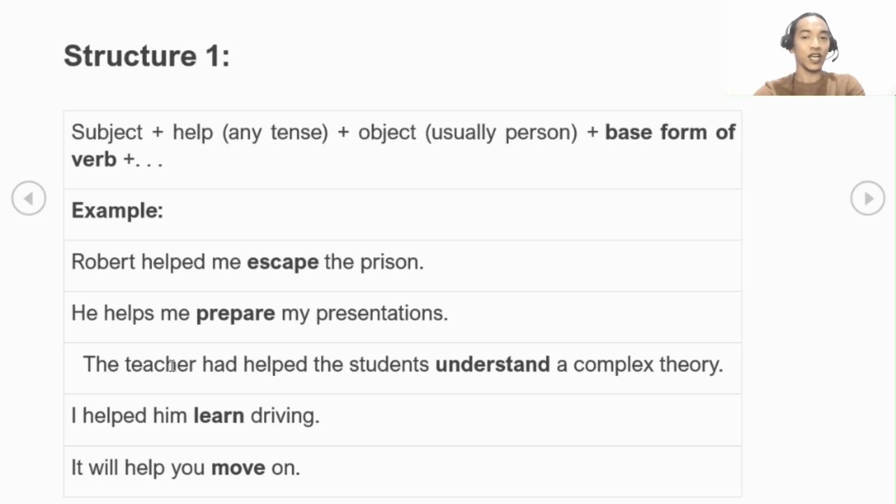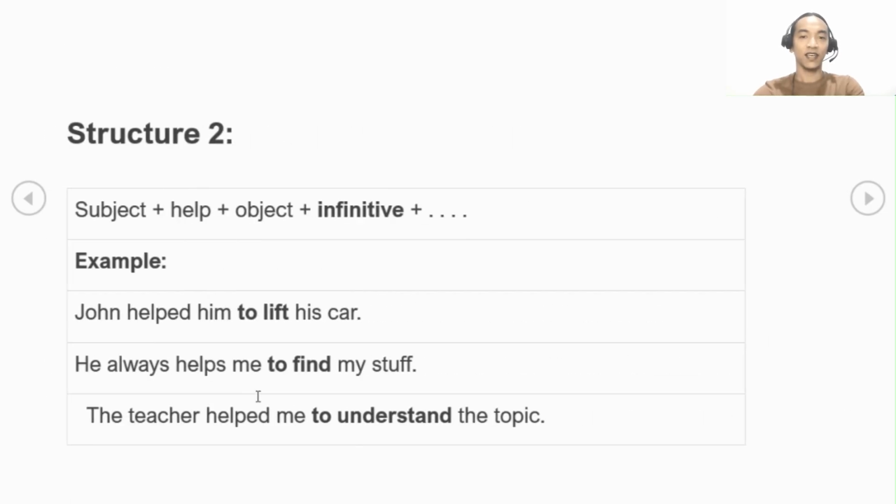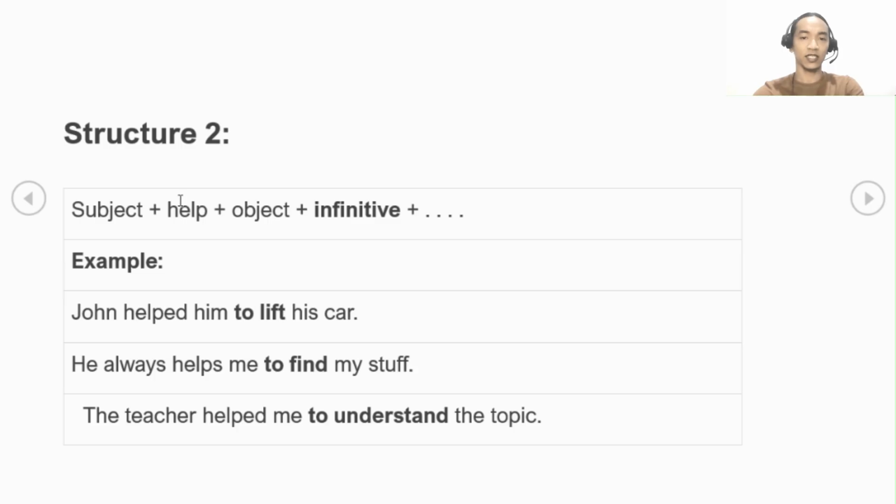The teacher had helped the students understand a complex theory. I helped him learn driving. It will help you move on.